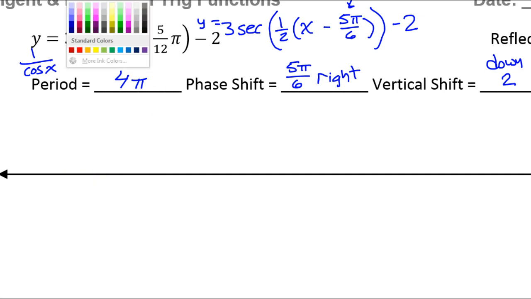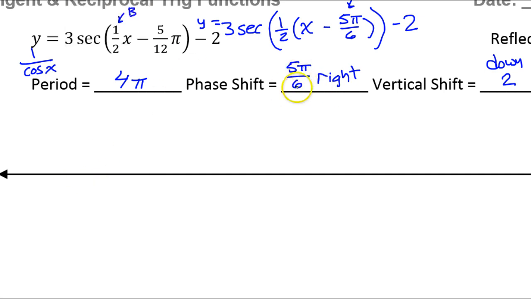Since I have a phase shift at 5 pi over 6, I'm going to start at 5 pi over 6. I'll put it right about here and leave myself some space over there.